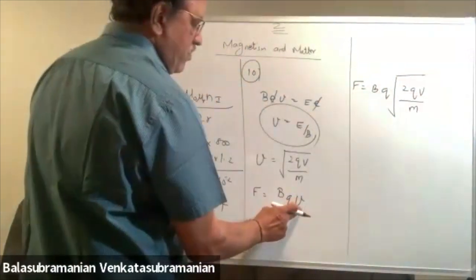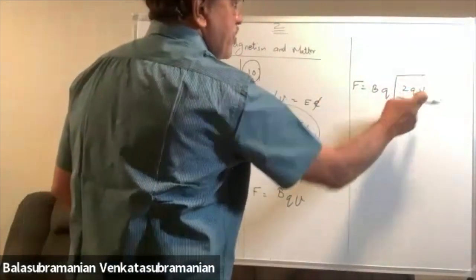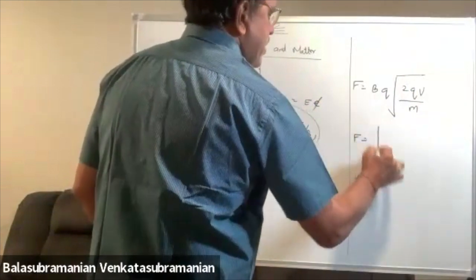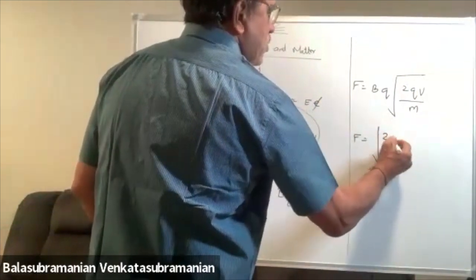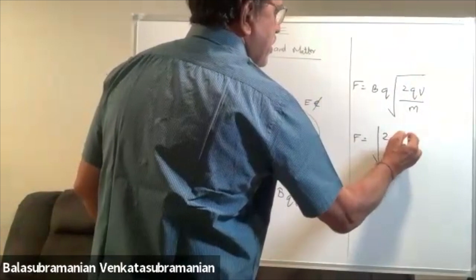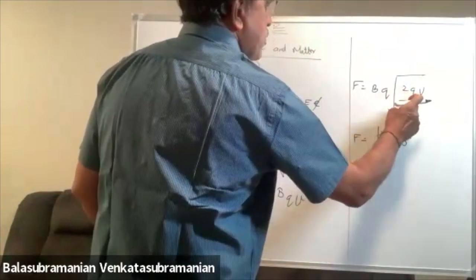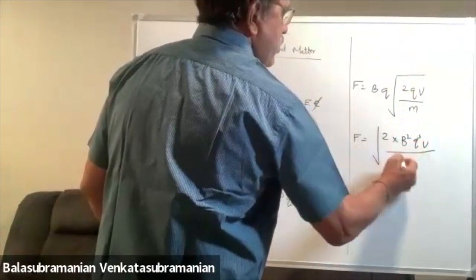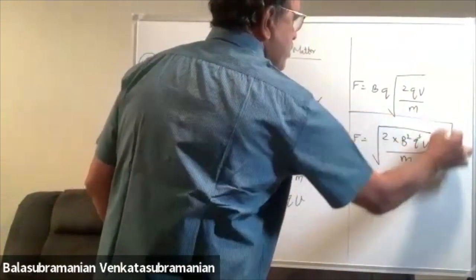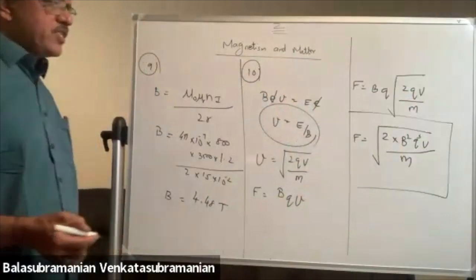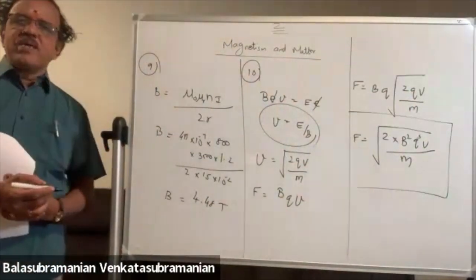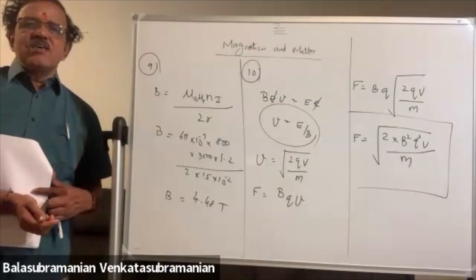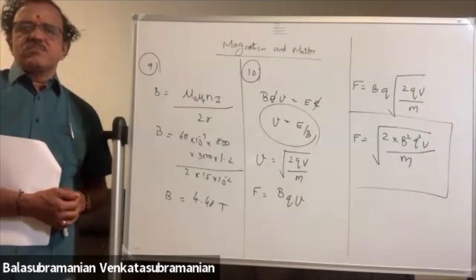This is small v velocity, this is capital V potential. Take this BQ inside the square root: B square, Q square, into 2V by m. This is the force experienced by the particle moving with the velocity v under the potential difference capital V.